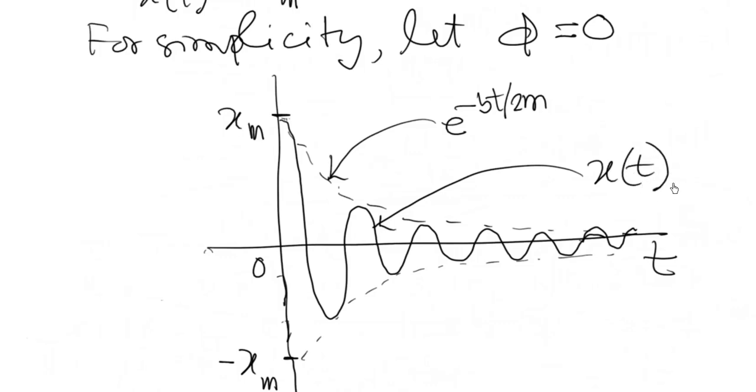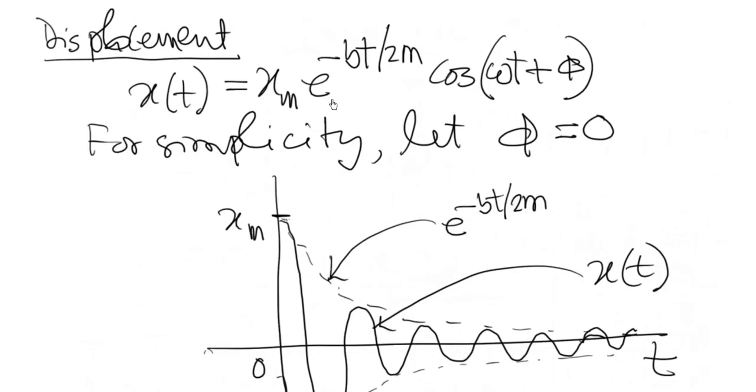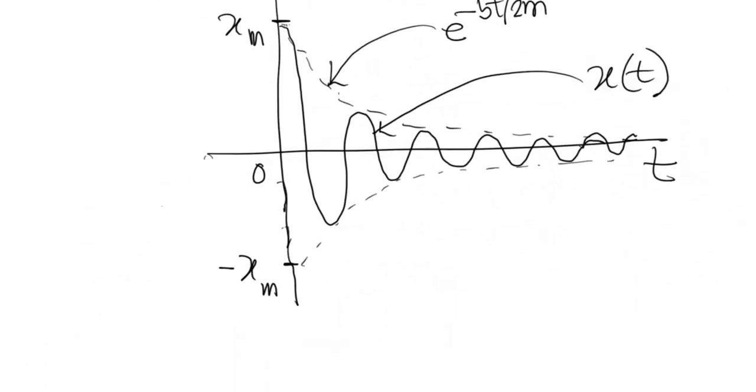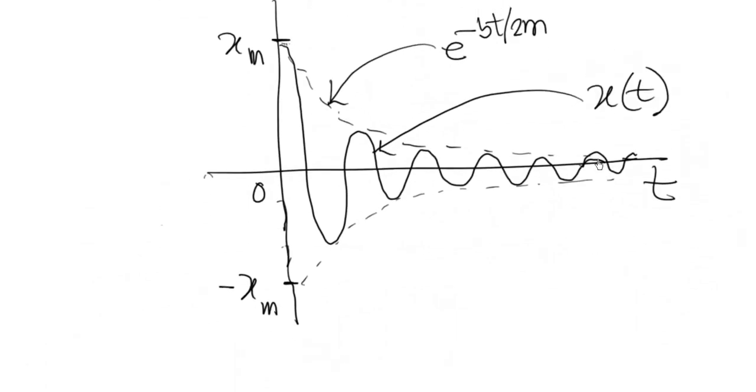You see, with time the amplitude decreases because the amplitude now depends on time, this e to the power minus bt by 2m, and it will oscillate because of the cos term.